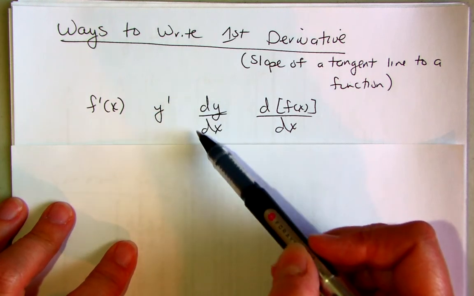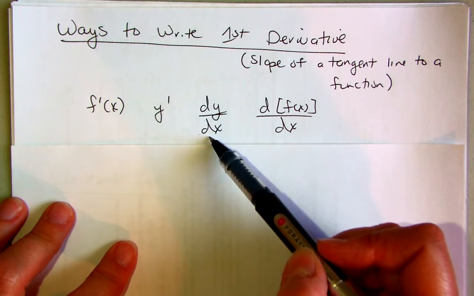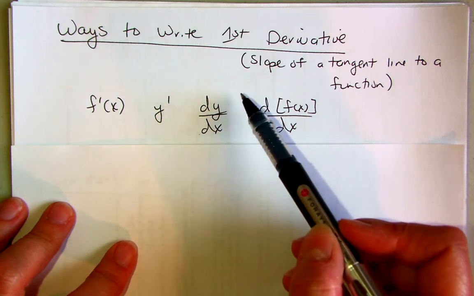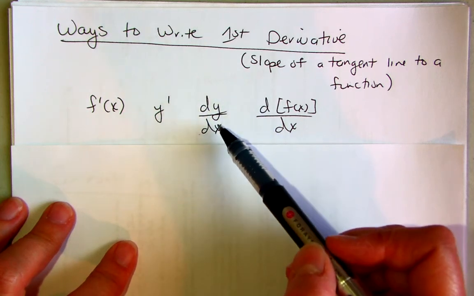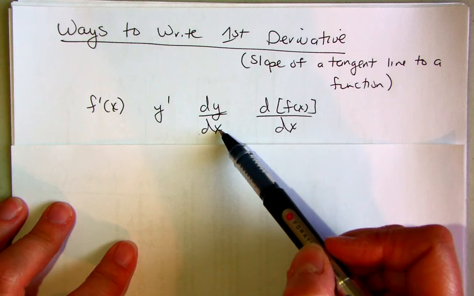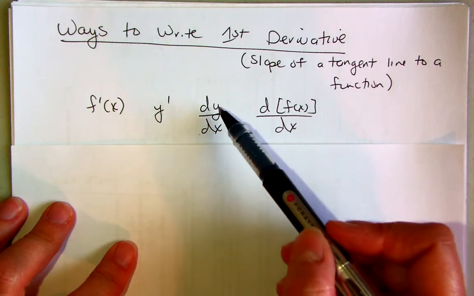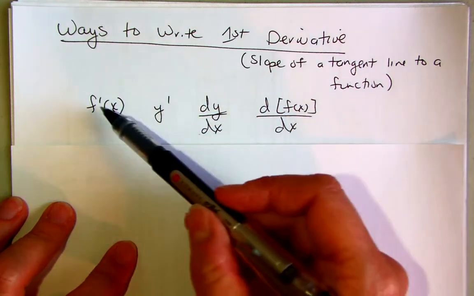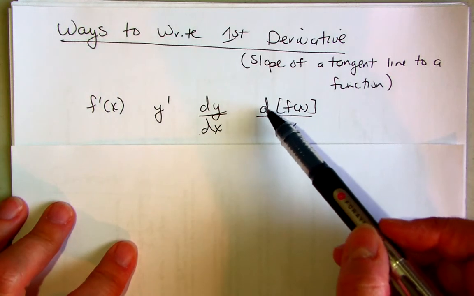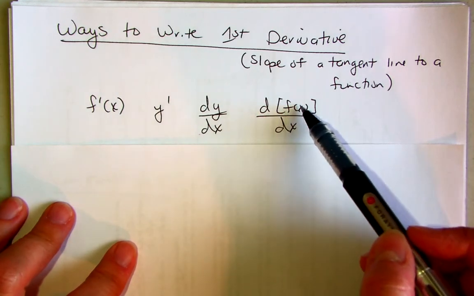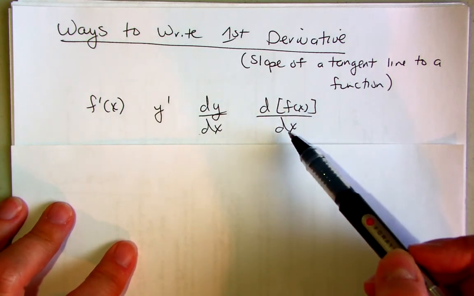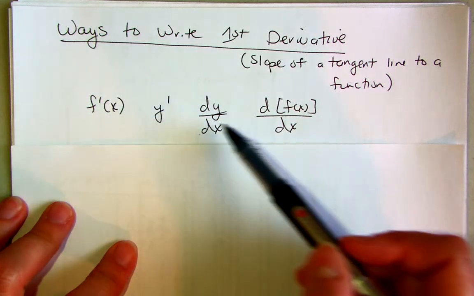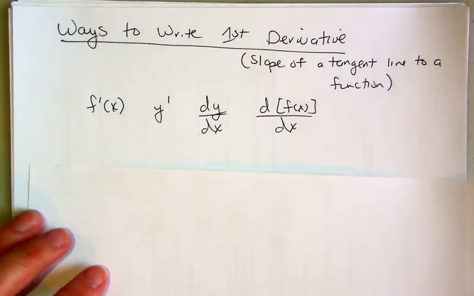We will use this quite a bit. Same thing. The derivative of y, so my y function, y equals whatever it is, and the variable is x. And you know y could also be f of x. It's the same thing, right? Kind of like here. So now I'm saying I'm taking the derivative of f of x with respect to x. All of those mean the first derivative. Now I can begin.